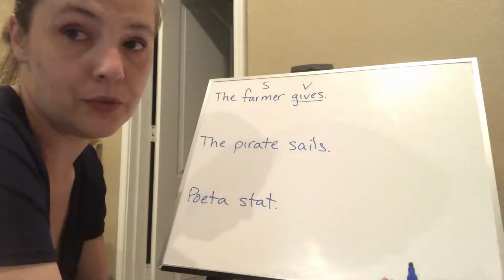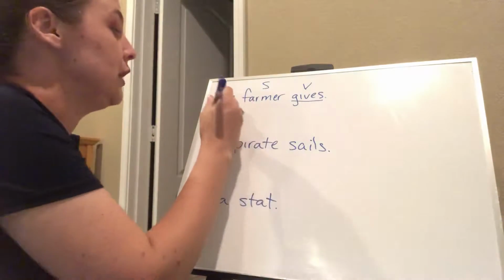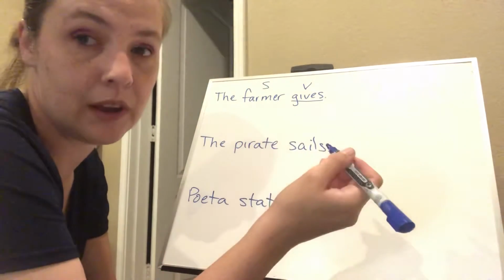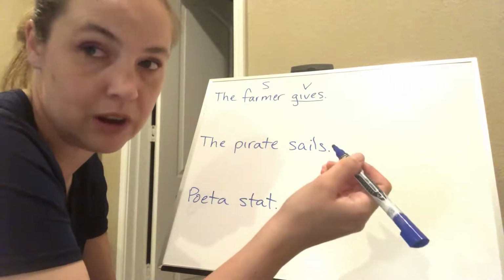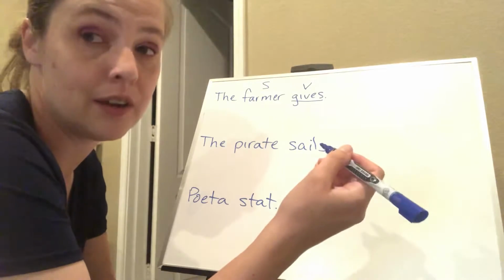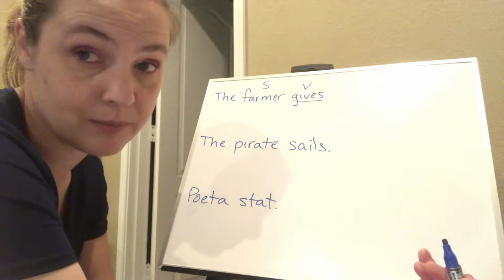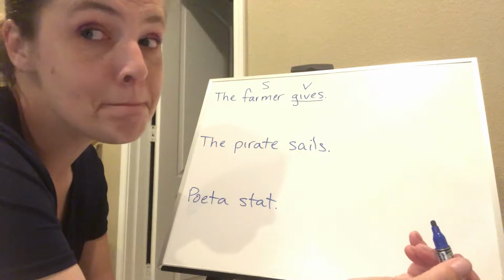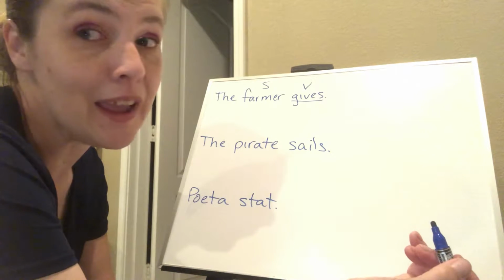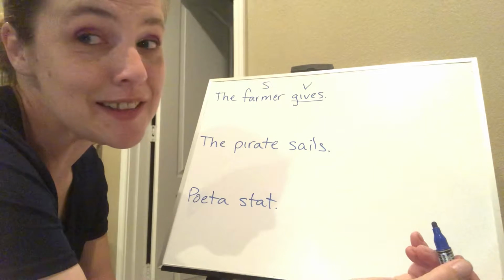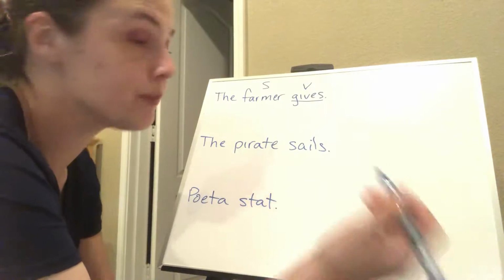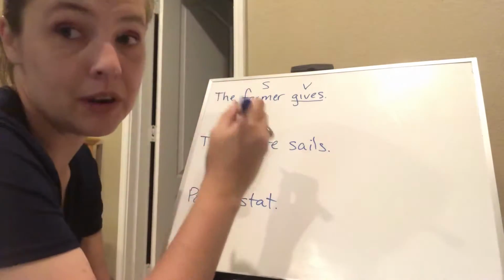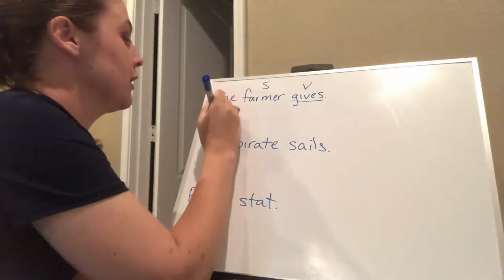Now, the word for farmer is agricola, and since we know that agricola is going to be our subject, our subjects go in what case? Say it, spit it out. Nominative.